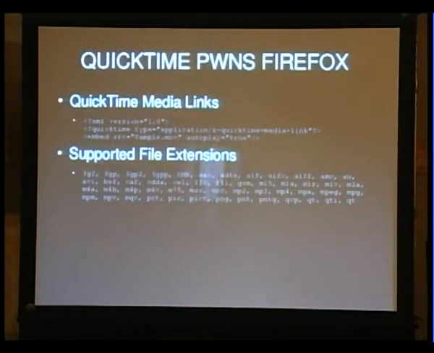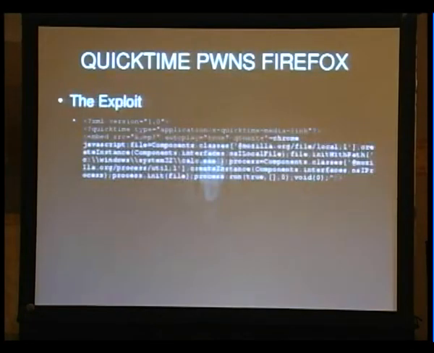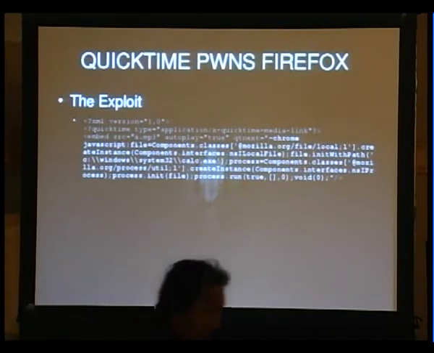QuickTime is probably one of the weakest links of the web user nowadays. We all have the QuickTime plugin on Firefox or whatever browser you use. Unfortunately, there are a lot of issues with QuickTime which lead to command execution. And you don't even need to exploit a memory corruption bug. In this case, just by tampering with the QTNext parameter, it's possible to run commands within what they call the Firefox Chrome.